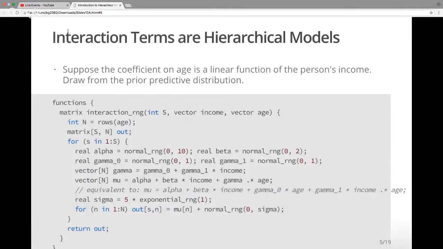So that is gamma 1, and it leads people to basically car crashes in their mind, thinking, well, gamma 1 is the expected difference in the outcome between two people that have the same income and age, but they differ by 1 on the product of income and age.